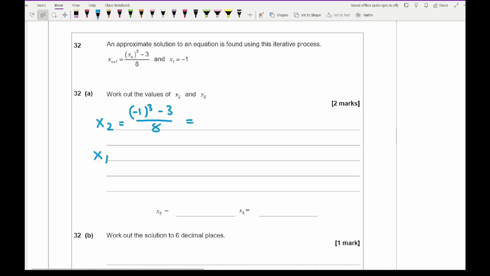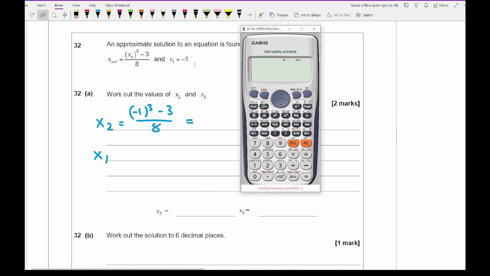If I type that all into my calculator, let's load the calculator up. My first value is minus 1, so let's start by entering that. Press equals to keep that stored. Then enter the formula for x n plus 1, so bracket, answer, close bracket to the power of 3 minus 3, all over 8.